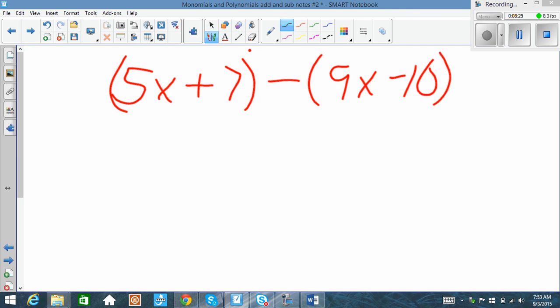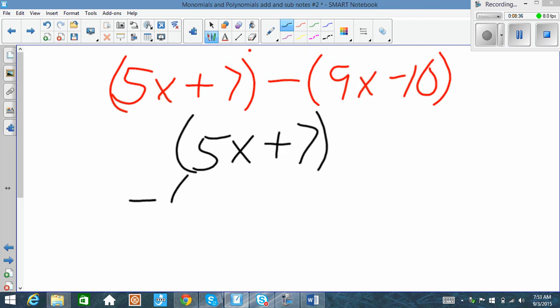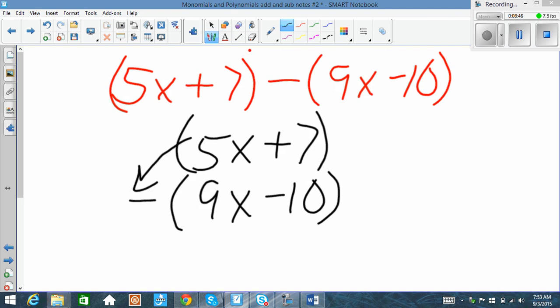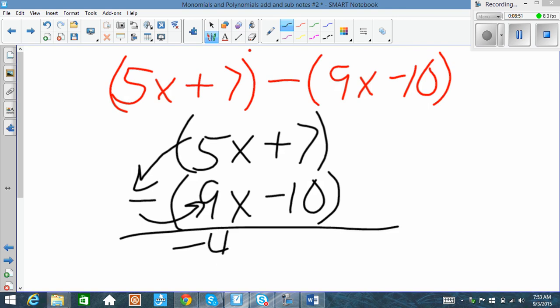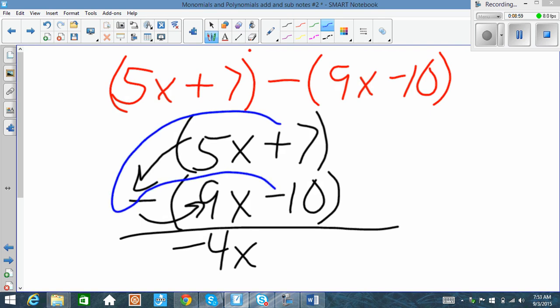So we could take the original 5x plus 7 and subtract, lining up the parts, 9x minus 10. And so when you read this, it's 5x minus the 9x, which is a negative 4x. And again, I could do 7 minus negative 10. So minus the negative 10 is plus 10. So we would end up with positive 17. That's another way.